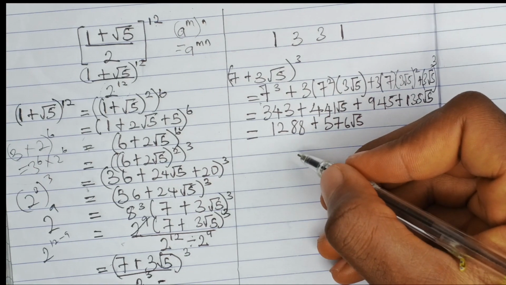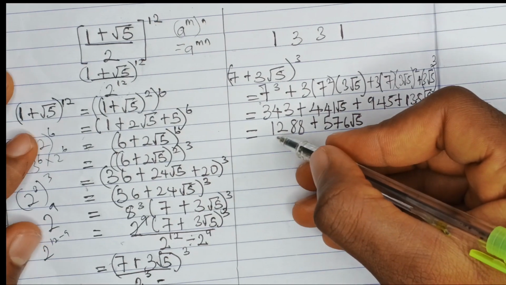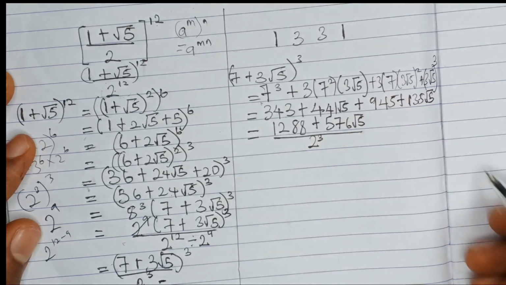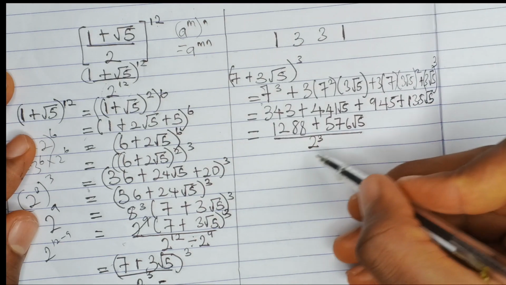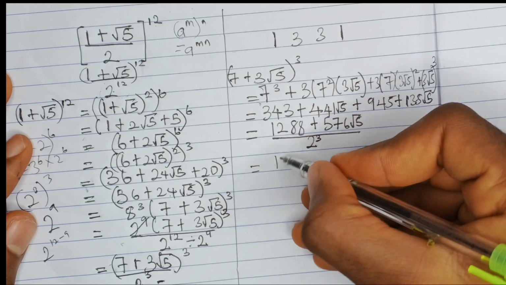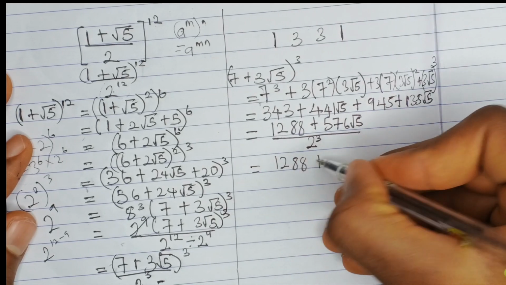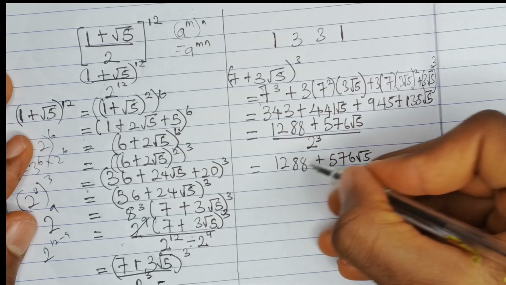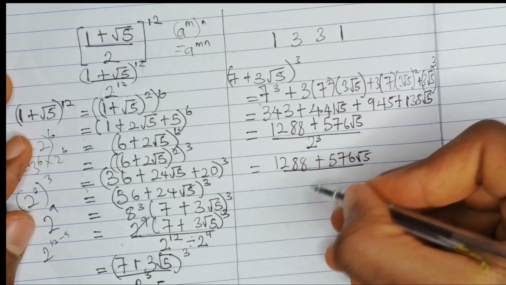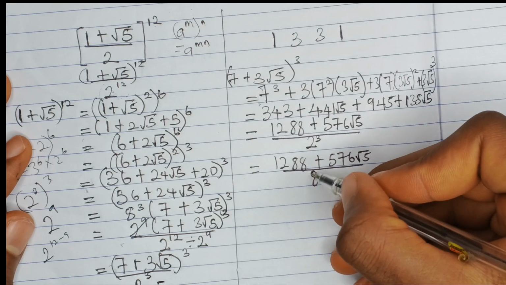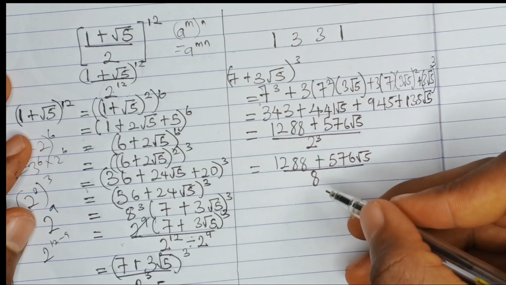Now remember that you had 2 to the power of 3 as a denominator here, so we'll go ahead and bring it back now. Can you see that 2 raised to the power 3 is equal to 8? So we have 1288 plus 576 root 5 all over 8. Now, let's factor out 8 from the numerator.